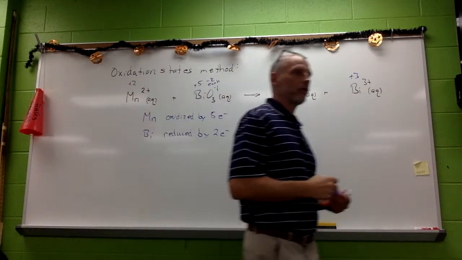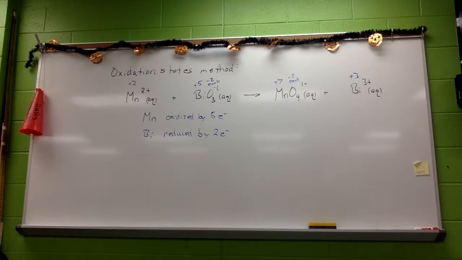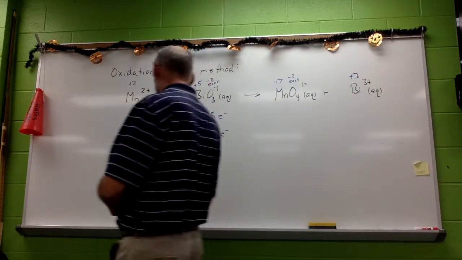So we're looking for the lowest common multiple of 2 and 5, which everyone knows is 10. So we need to get 10 electrons transferred. This is a starting point. It may not be the ending point. It's often the ending point. But this point here of trying to find the lowest common multiple will usually work.